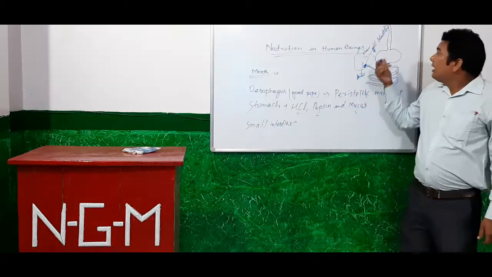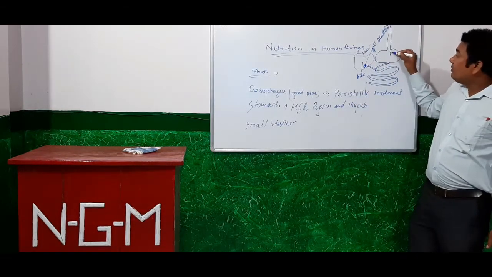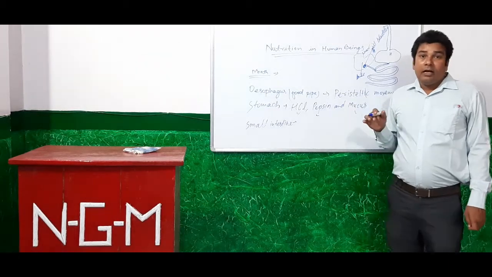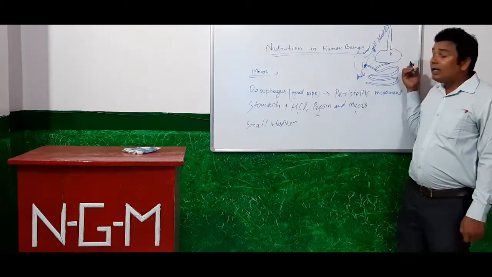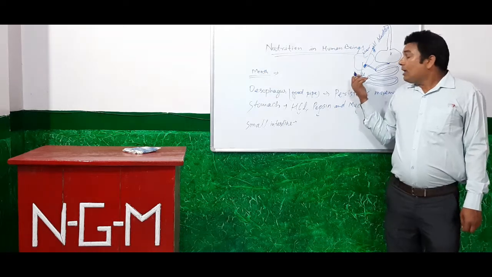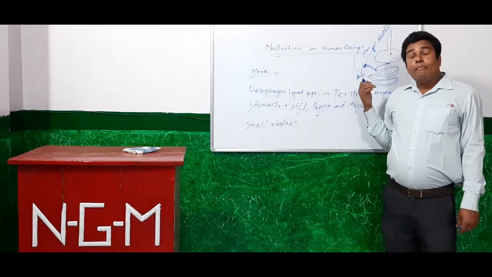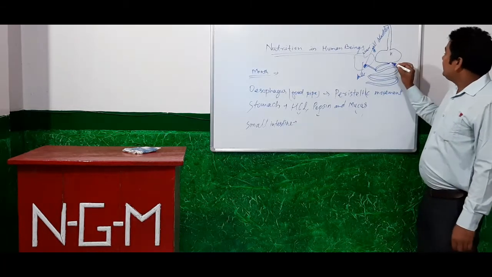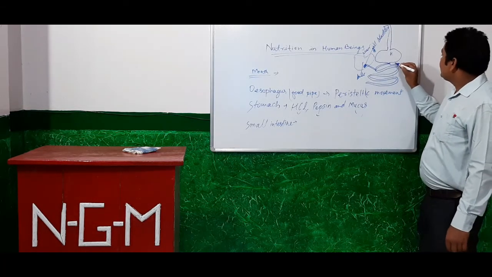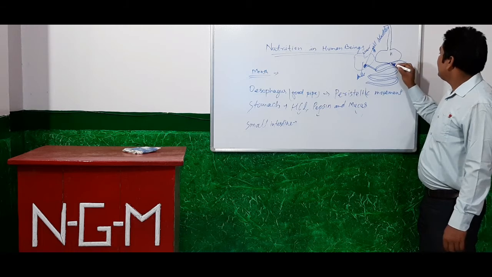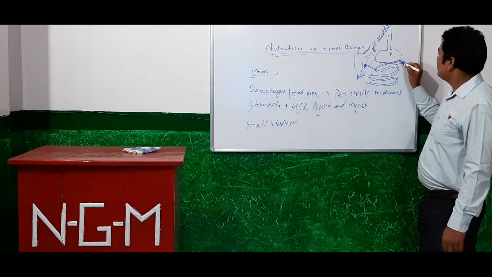Basic means, HCl in the stomach has already converted the food into acidic, and on acidic food, pancreatic juices do not act. So bile juice converts the food into basic.